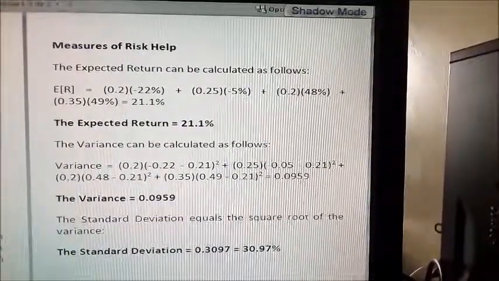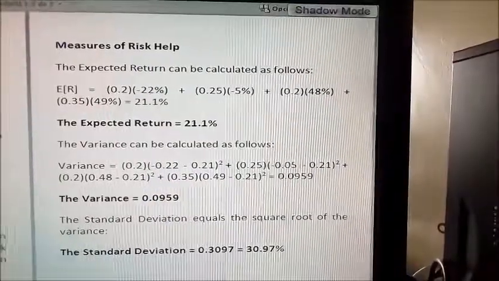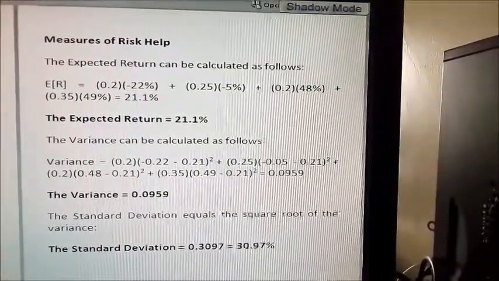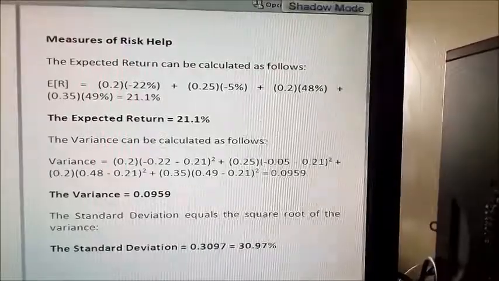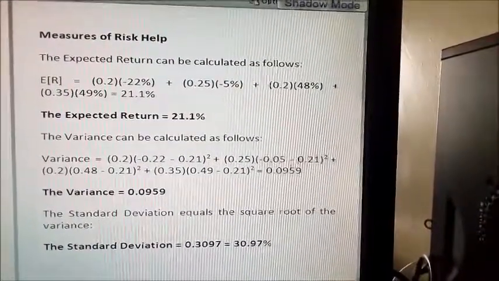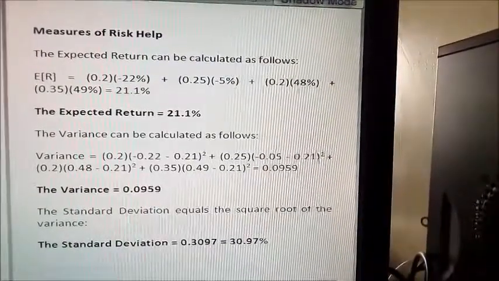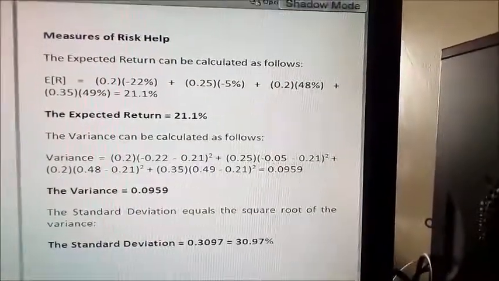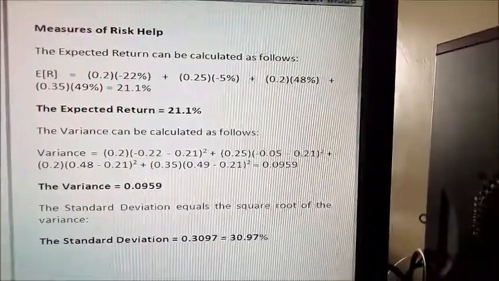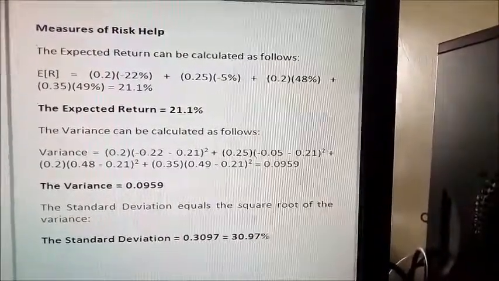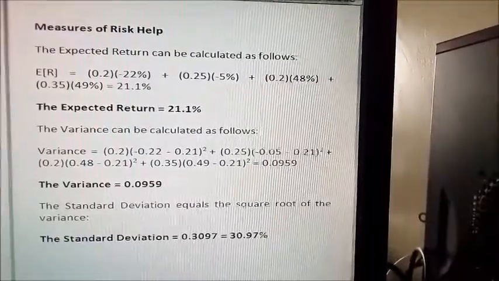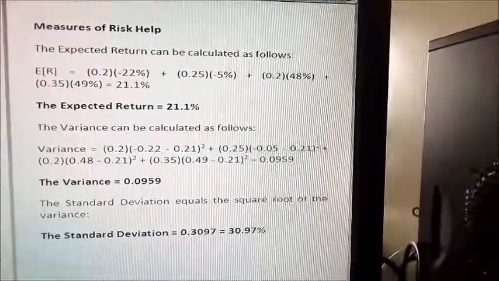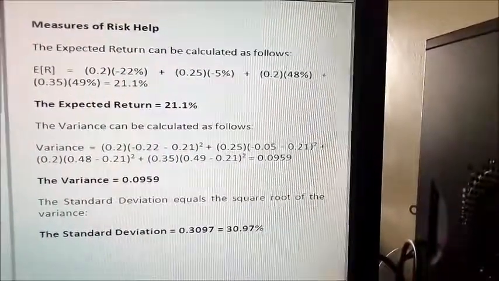0.20 times minus 0.22 minus 0.21 raised to 2, plus 0.25 times minus 0.05 minus 0.21 raised to 2, plus 0.20 times 0.48 minus 0.21 raised to 2, plus 0.35 times 0.49 minus 0.21 raised to 2, equal to 0.095.